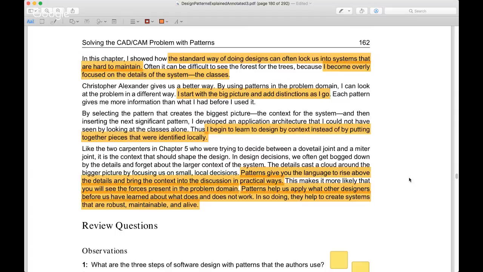And I really like how he says, I start with the big picture and add distinctions as I go. And he uses the word crinkle, and Christopher does also. I start with the big picture and add one distinction, solve that one distinction with a pattern, and then go to the next level down and keep descending until your design is fleshed out.